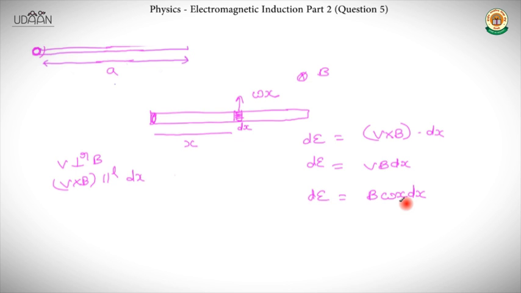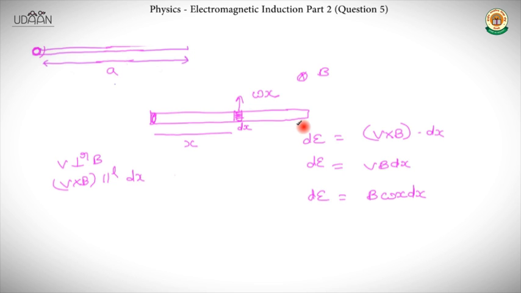If the dx is located near one end, the EMF developed by that small particle would be less. Similarly, if it is placed near the other end, the EMF developed in the small part dx would be more. Exactly. So this was the concept of motional EMF.